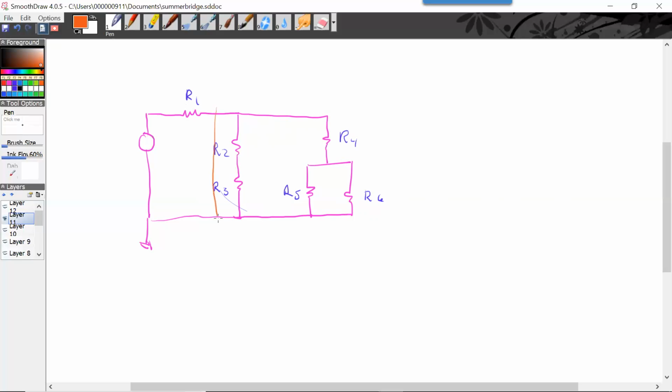right, are R1 and R2. I mean, R2 and R3. Now, what's in parallel?